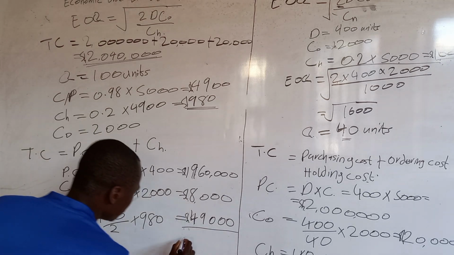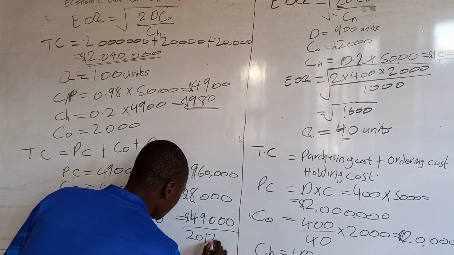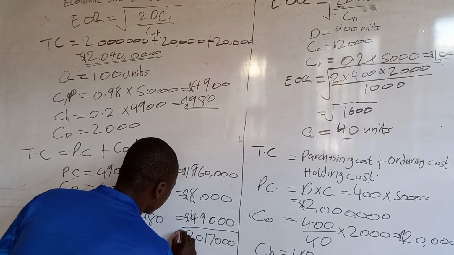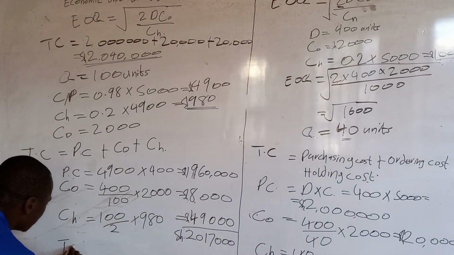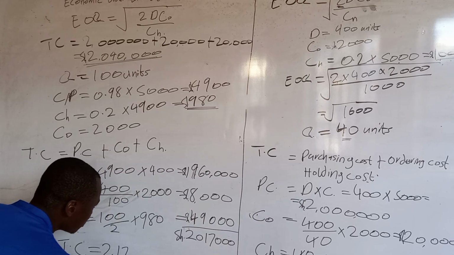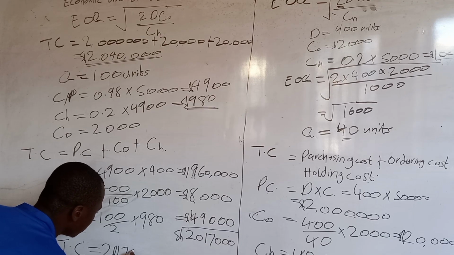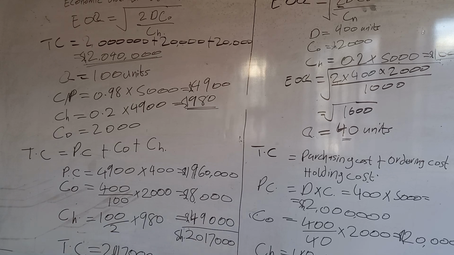You get 2,017,000 shillings. So our total cost, our TC, is equal to 2,017,000.